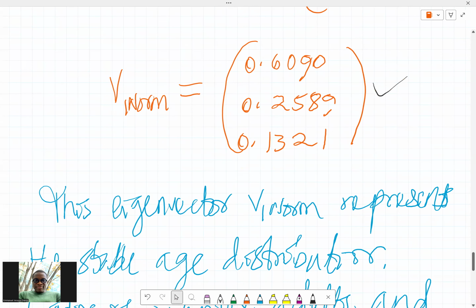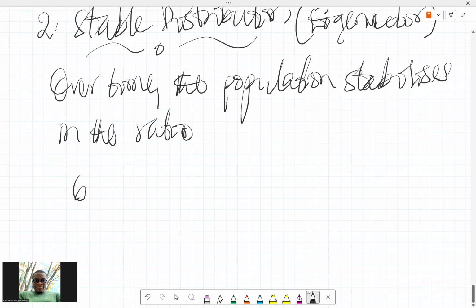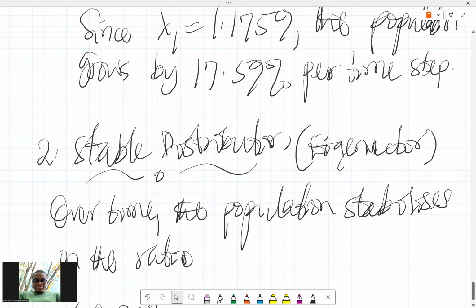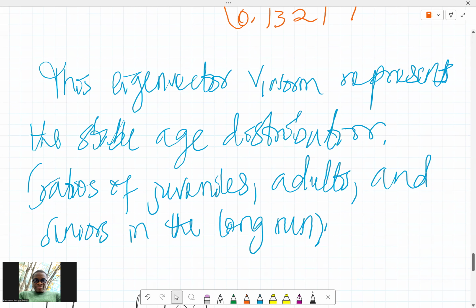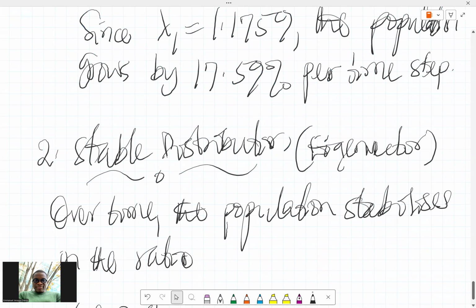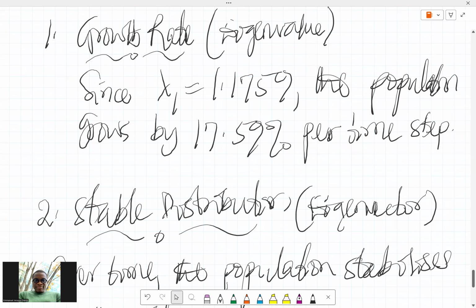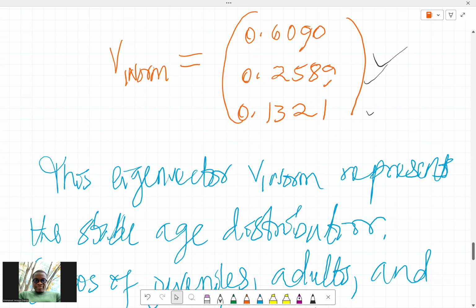The ratio is 60.90%. The next one is 25.89%, and then 13.21%.